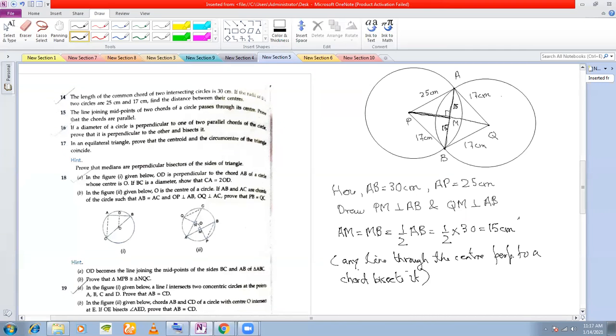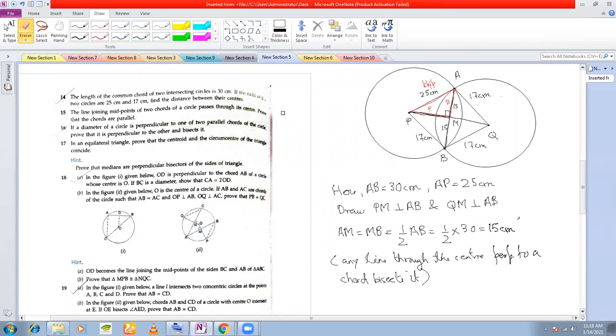Right? Now you consider this right angle triangle here. You see that this is my hypotenuse, this is my base, and this is my perpendicular. I know the length of the hypotenuse, I know the length of the base, so I can find out the length of the perpendicular.